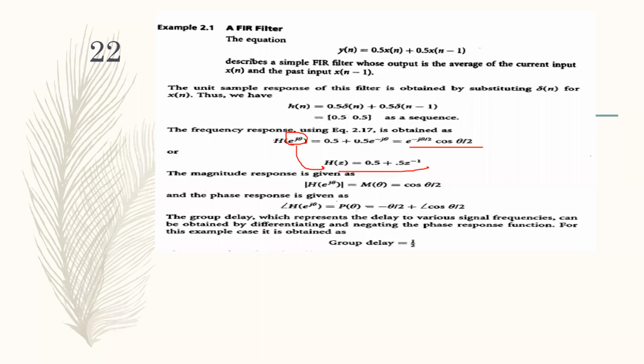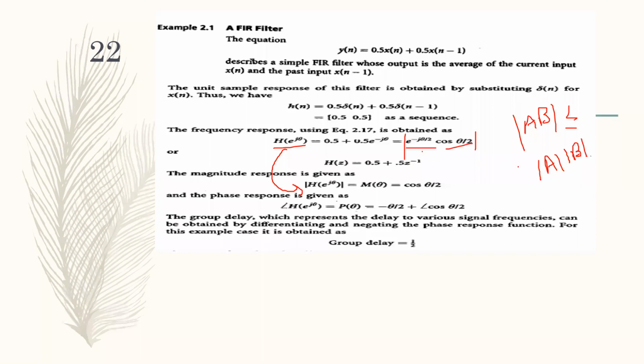Now, how do I obtain the magnitude response and phase response? So I consider this equation and take the magnitude of this entire parameter. I can again bifurcate, that is, if I have some term like a into b, if I take the magnitude of this, it will be equal to magnitude of a into magnitude of b. So this is like a and this is like b.